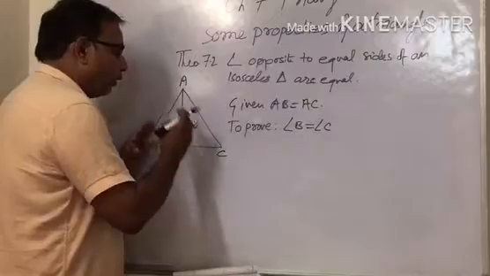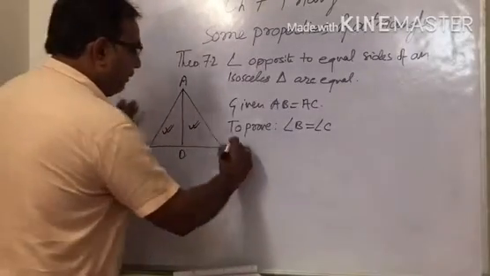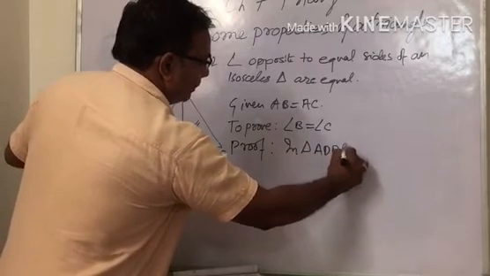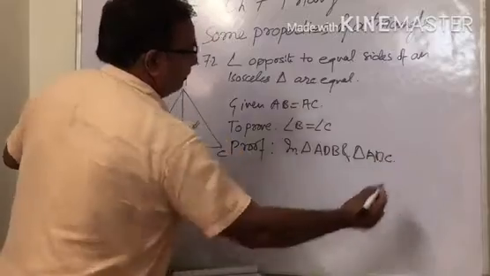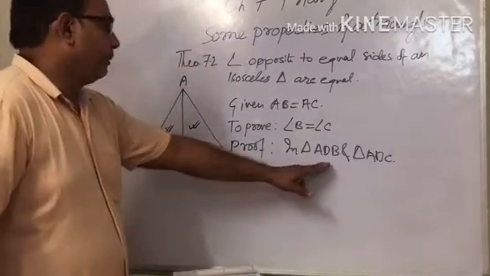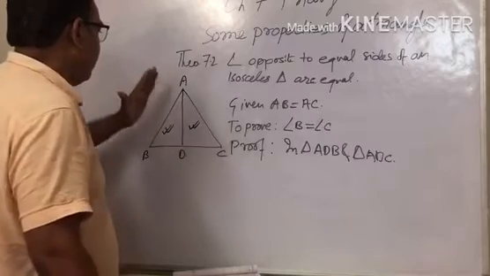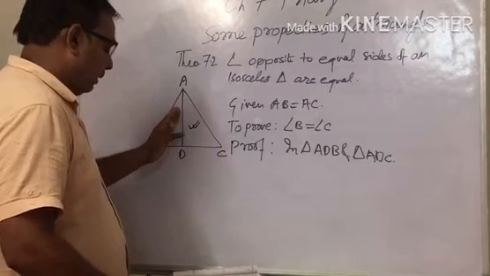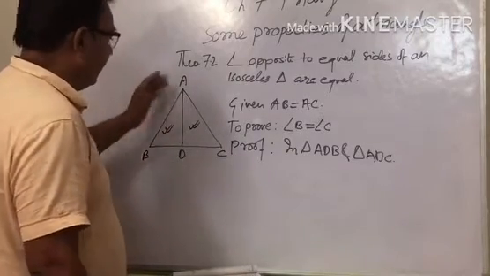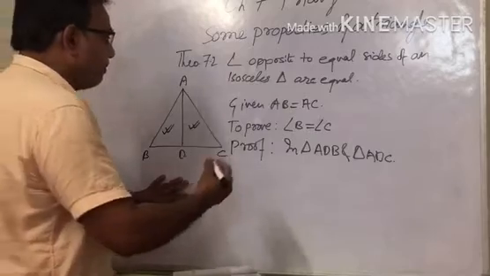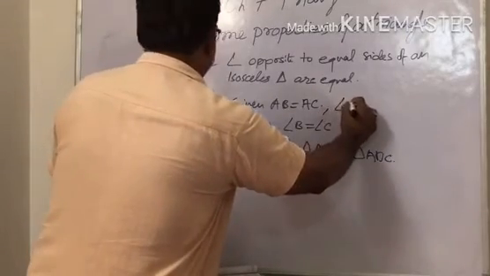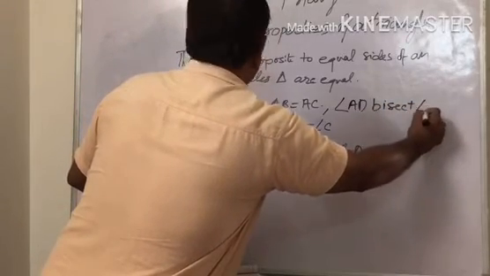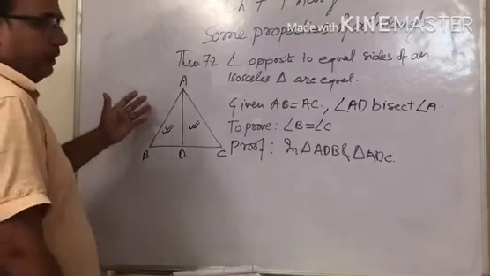Now first we make these two triangles congruent. If we start the proof, then in triangle ADB and triangle ADC, we know that AB is equal to AC and angle BAD... One more thing is given here, that AD bisects angle A. It's very simple.